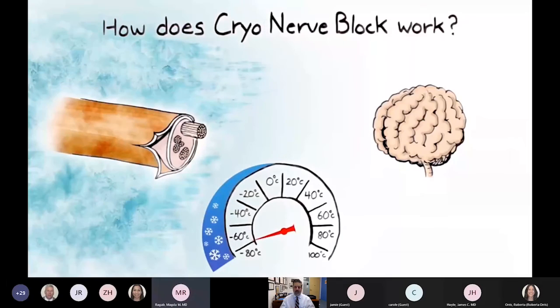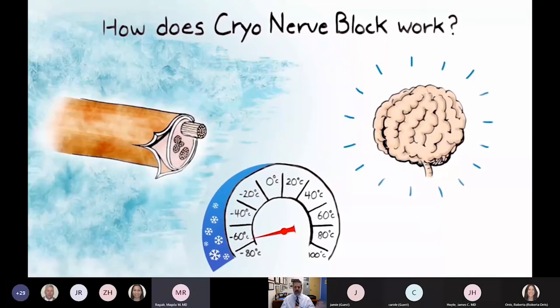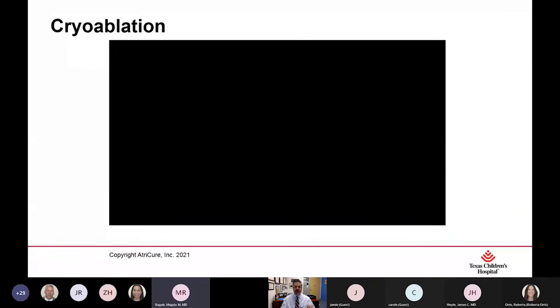When we freeze the nerve, which we do with direct vision, we don't mess with the protective structure. We do freeze the nerve, and it grows back over time. So while it's asleep and frozen, it will not transmit sensation to the chest wall, which also blocks the pain fibers. So that allows our patients to feel basically nothing in the front of the chest.